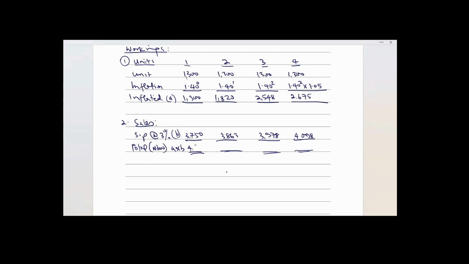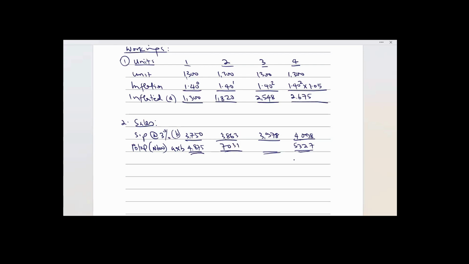So 4,875. Year 3 is 5,327? Year 2 is 7,031.